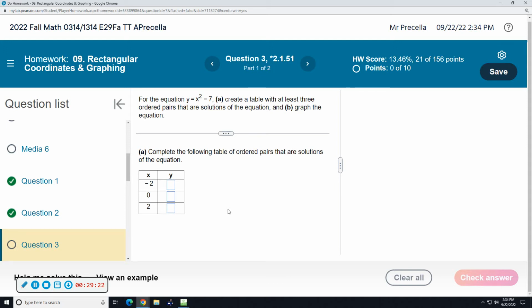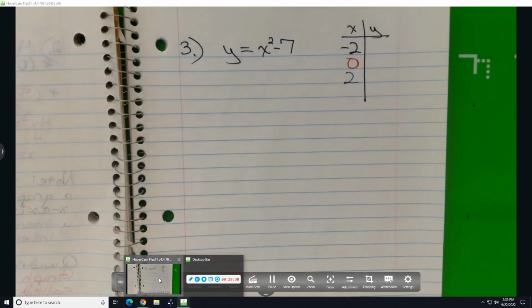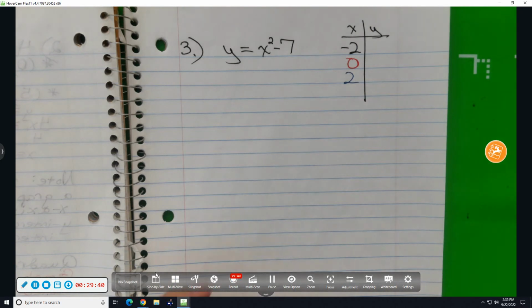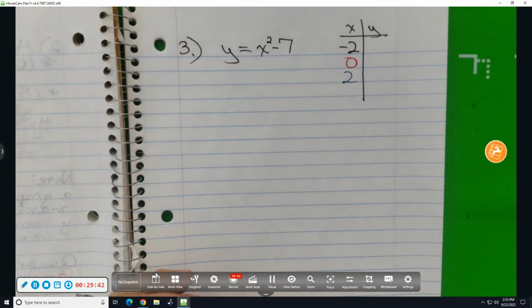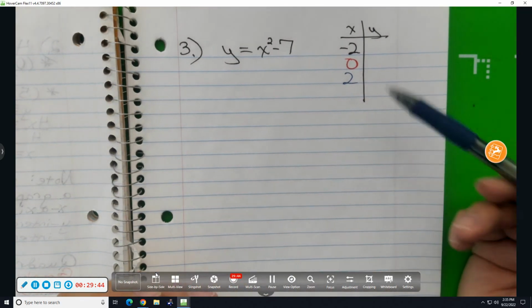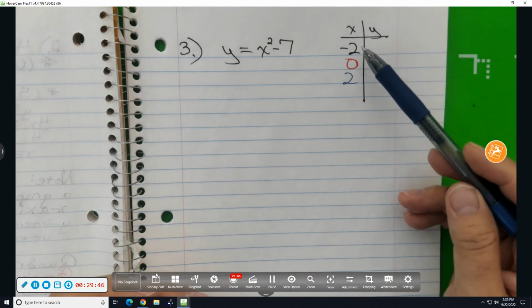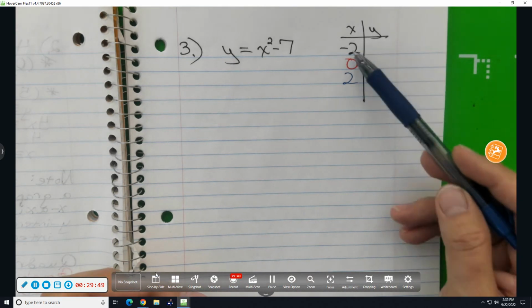And we're making ourselves a table of values. Okay, so what is that? A -2, a 0, and a +2. Well, this is actually very nice because of the way they've given us the x values.